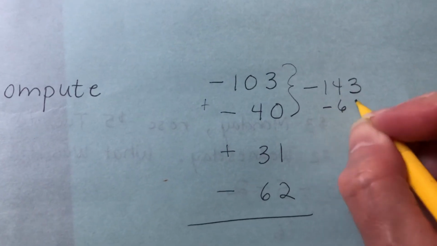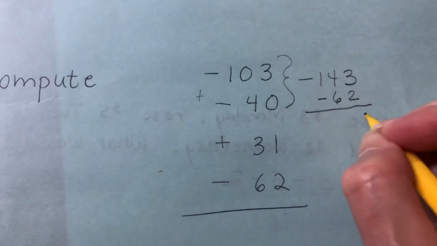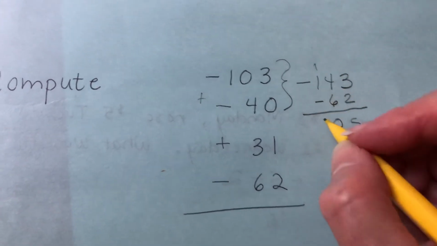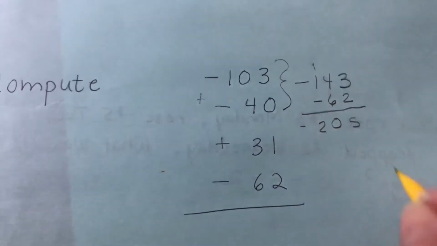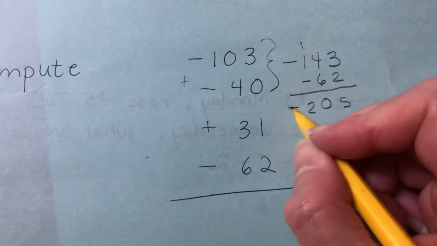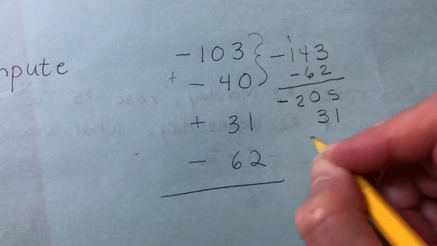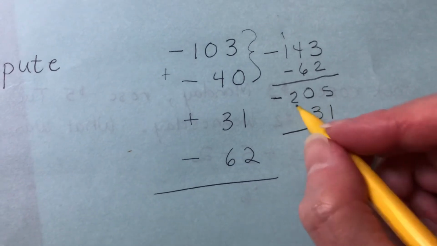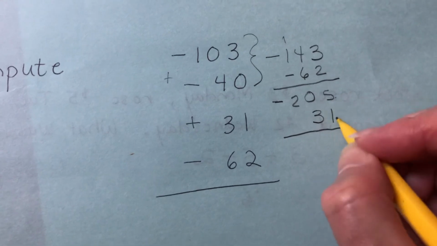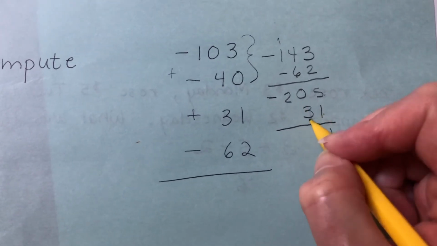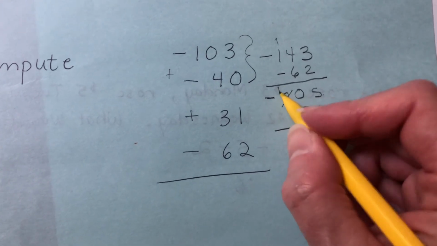So I'm going to accumulate all my negatives. So that's 5, 4 plus 6 is 10, carry the 1. So that's negative 205. Then I want to add 31. So when the signs are different, I want to take the difference. So I actually want to subtract these two numbers. So 5 take away 1 is 4. 0 take away 3, can't do it, have to borrow.